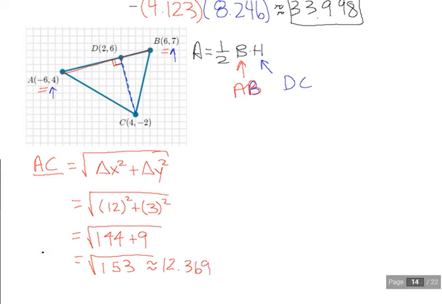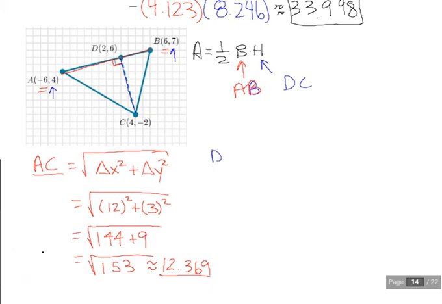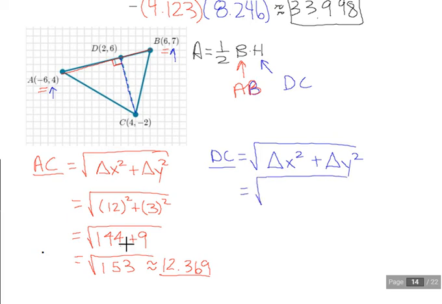Okie dokie. So let's now find our height. So it's going to be DC. The change in x squared goes from 2 to 4, so that's a change of 2. 6 goes to -2, that's a change, in this case, of -8, although the direction of change doesn't matter because we're about to square it.